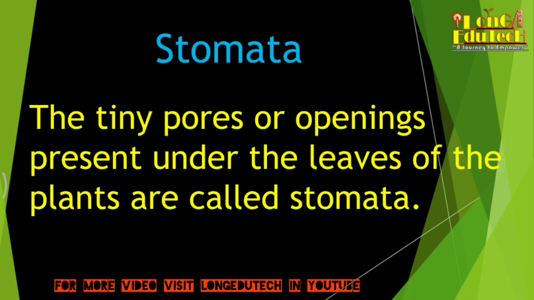During sunshine, these two guard cells are open, and during the night, in the absence of sunlight, they are closed. Through the stomata, carbon dioxide enters the plant during sunlight, and during photosynthesis, oxygen is produced and comes out through the stomata.